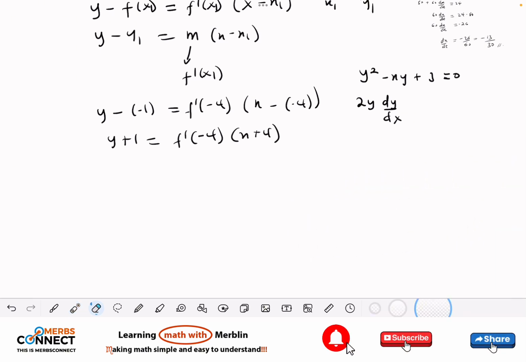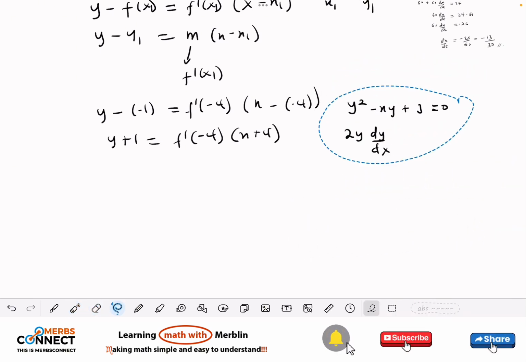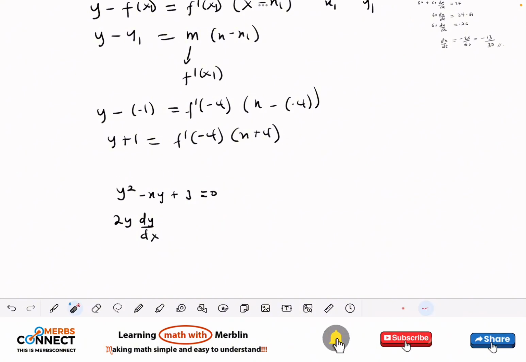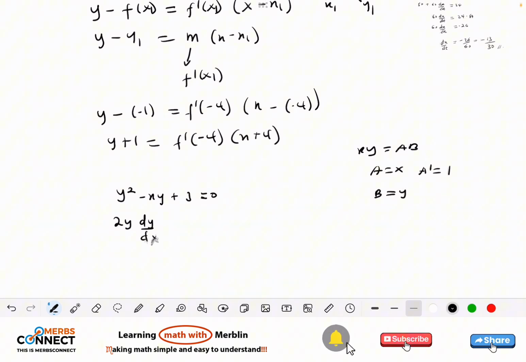Now the next thing that I want to do, now I'm done differentiating this. I need to differentiate this, but this is a product rule, right? So I have xy. So xy is the same as ab. So a is equal to x, b is equal to y. A prime is equal to 1 because we are differentiating it with respect to what?